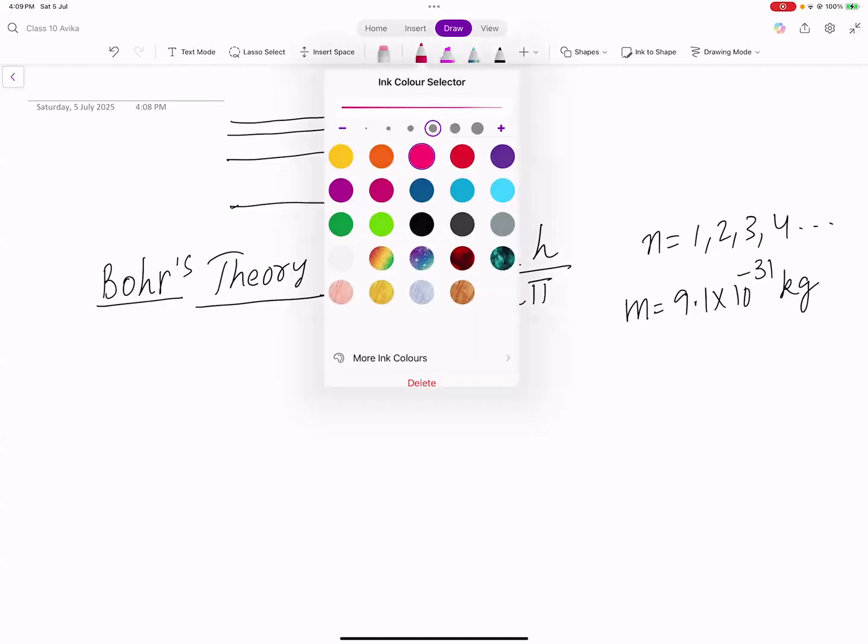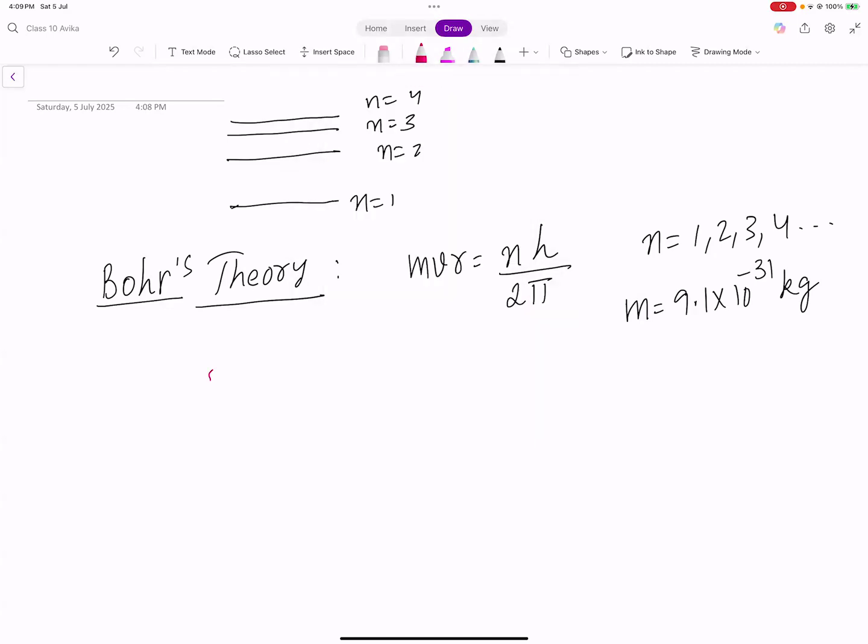First of all, the energy of the nth orbit is equal to minus 13.6 Z square by n square in electron volts.